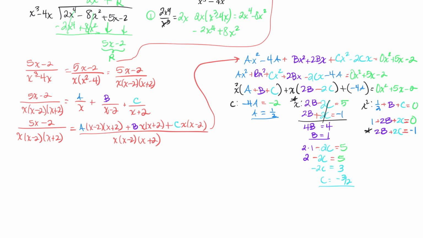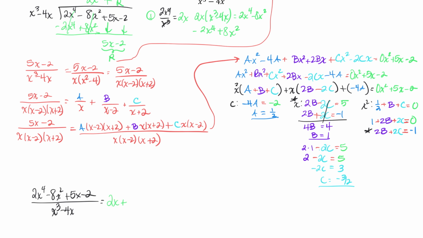All right, so now the question is, how do I rewrite this partial fraction decomposition? Well, we would say then that we've got 2x to the 4th minus 8x squared plus 5x minus 2 all over x cubed minus 4x can be rewritten as, and we still have that 2x from before, right? 2x.